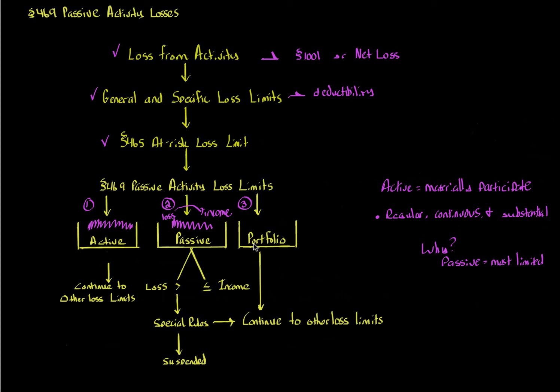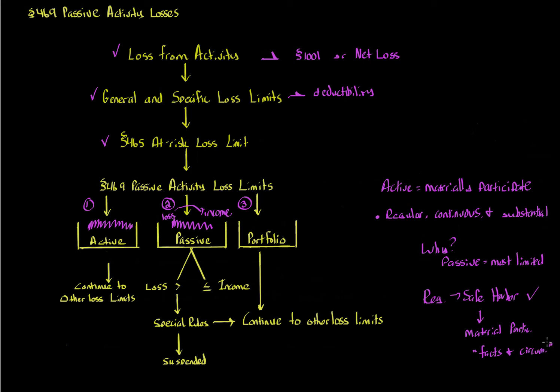So under the regs, there's a safe harbor. If you are unfamiliar with safe harbors, if you meet one of the rules in the safe harbors, then you are considered materially participating. But if you don't meet it, you still might be able to get material participation by arguing based on facts and circumstances, hey, I don't meet any of these criteria, but I am an active participant.